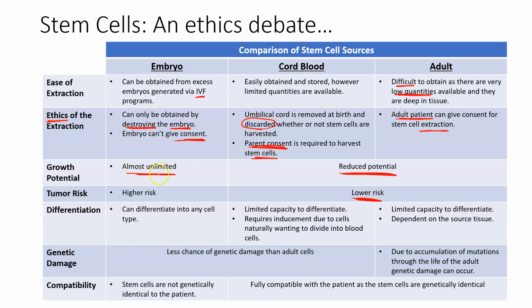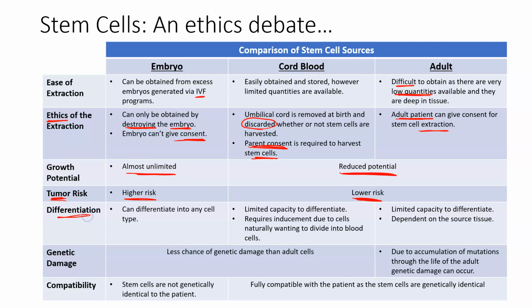Because embryonic cells have almost unlimited growth potential, they have a higher risk of tumor development. Remember, tumor is essentially just unregulated cell growth. So if you have an unlimited growth potential, you naturally are going to have a higher risk of tumor development. If you have reduced growth potential, you're naturally going to have a lower risk of tumor development.